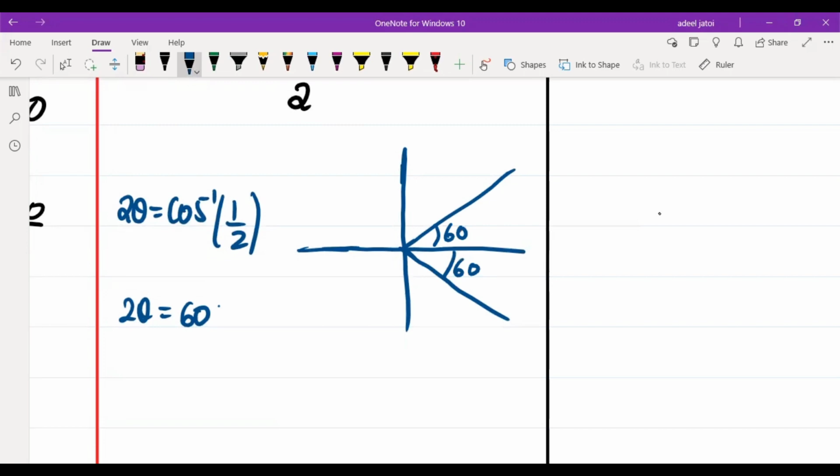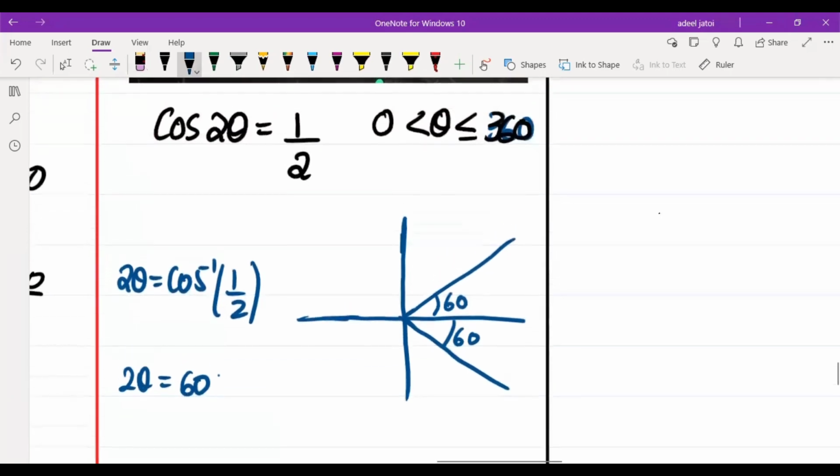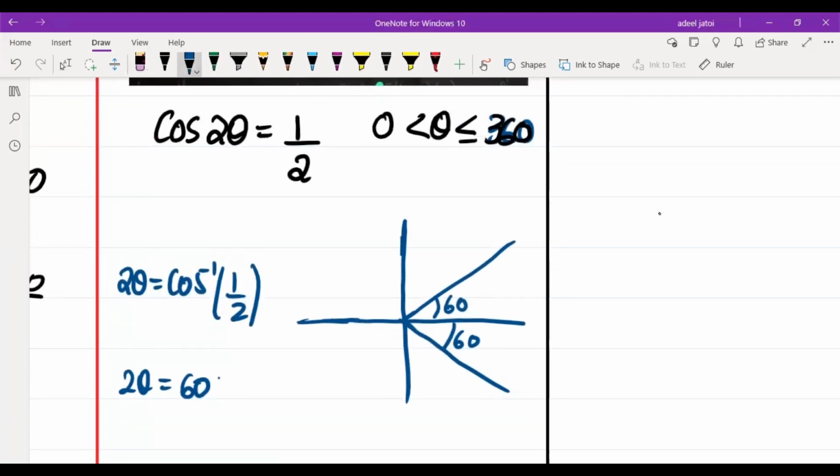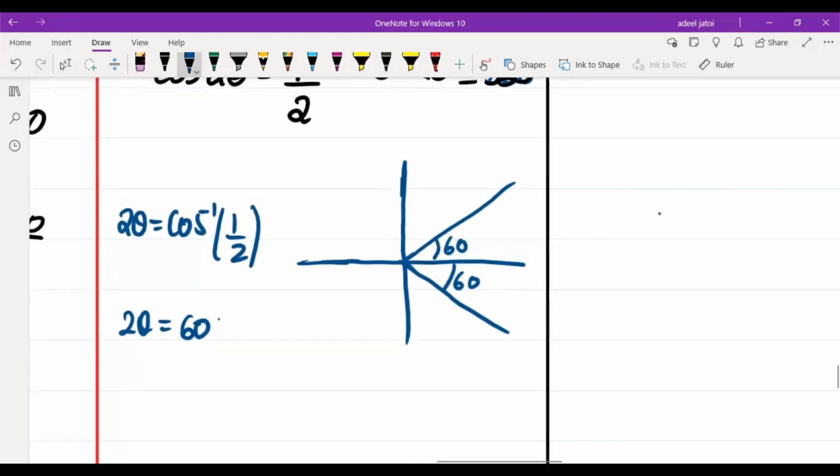So the basic angle that we have is 60 degrees. The normal angles that we will have are 60 and 300, because your first angle will be anti-clockwise because it is a positive domain, anti-clockwise 60, and then it will move from here till this line. So we will subtract 60 from 360. So the answer would be 300.